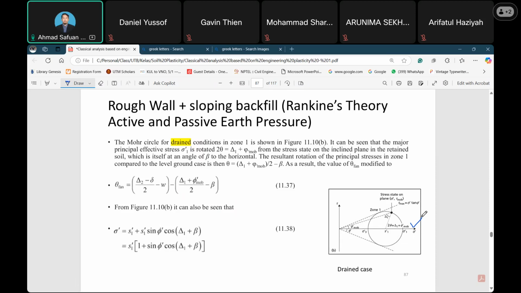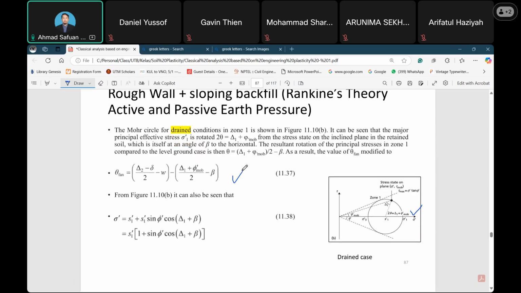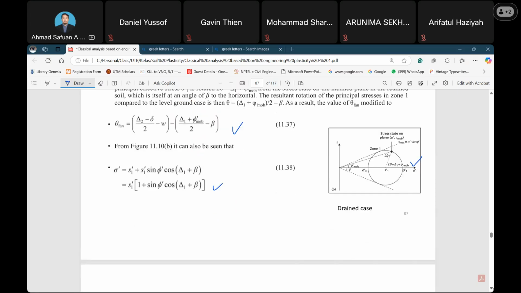As a result, the theta fan is modified to, so this is the theta fan from figure 11.10b. So sigma 1 is equal to S1 plus S1 sin phi cos delta 1 plus beta. Simplified, because this is S, we take S out, so 1 plus sin phi cos delta 1 plus delta.